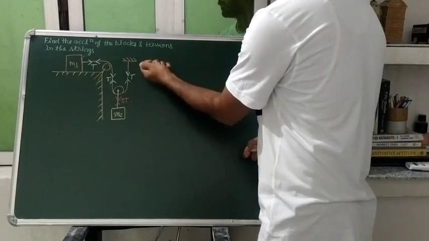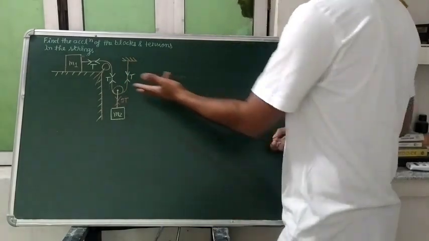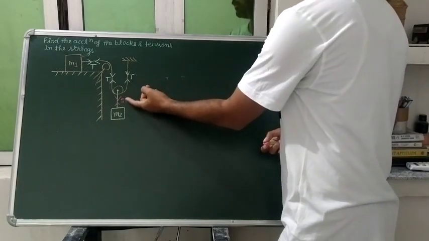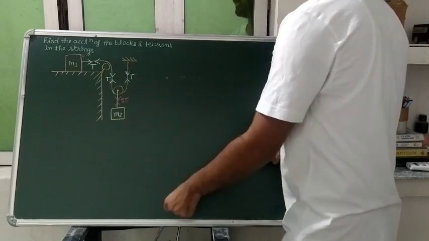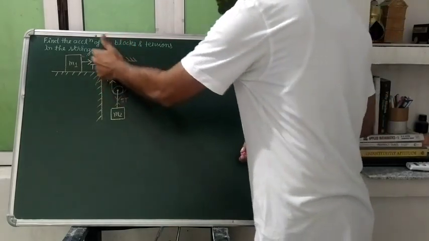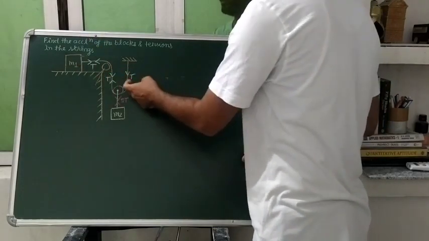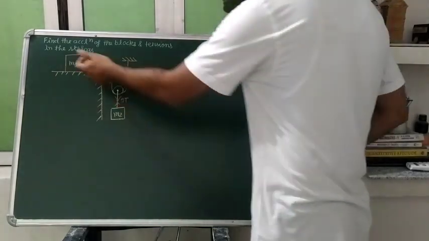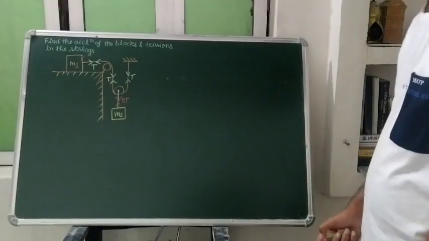So when the tension T acts here, obviously here T by 2 and T by 2 tension will act, because when you make the free body diagram, of course the tension T will be here for the pulley as well on the downward side. So obviously here should be T by 2, T by 2, and since it is only one string present here, if we are getting T by 2 and T by 2 tension here, obviously T by 2 tension will be present. But since I have considered T tension from here, it will become twice T.